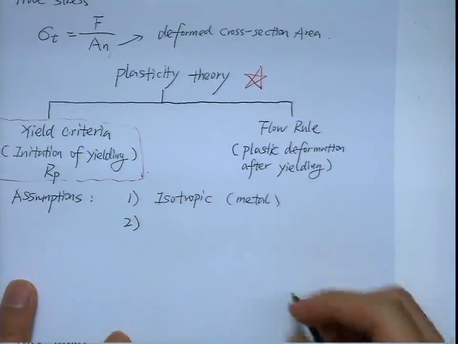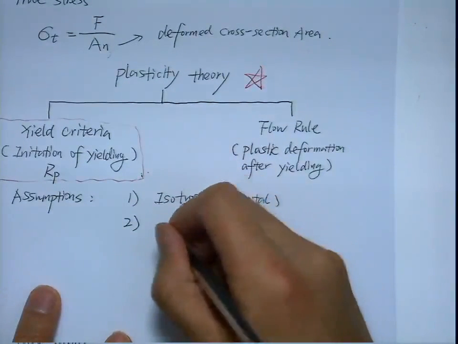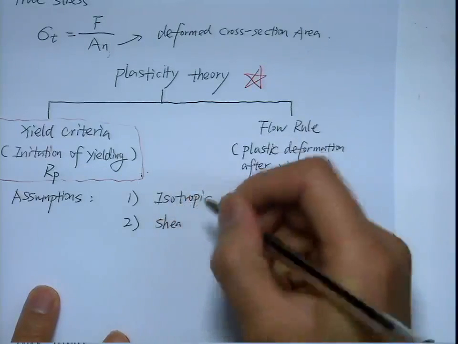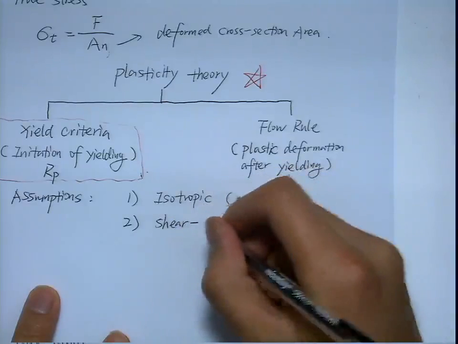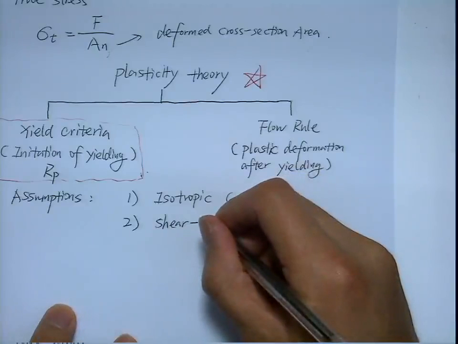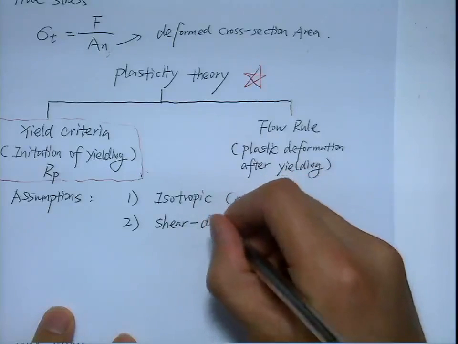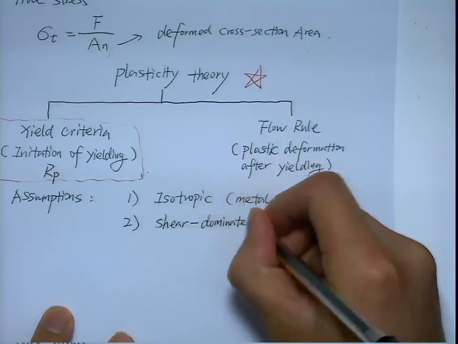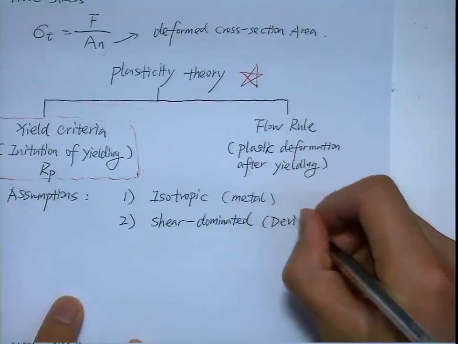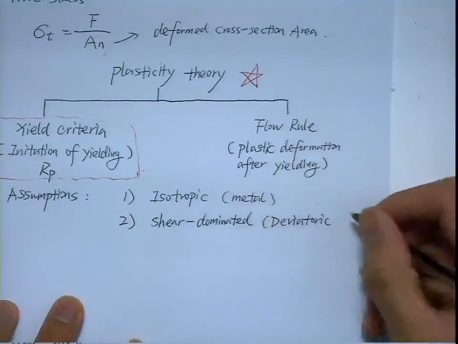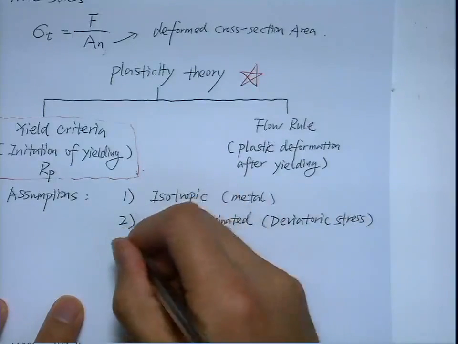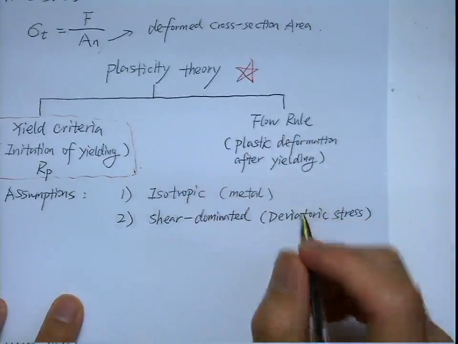And if it yields, the yielding happens mainly due to the shear dominant stress, which is relevant to the deviatoric stress. Okay? Those are the two assumptions.